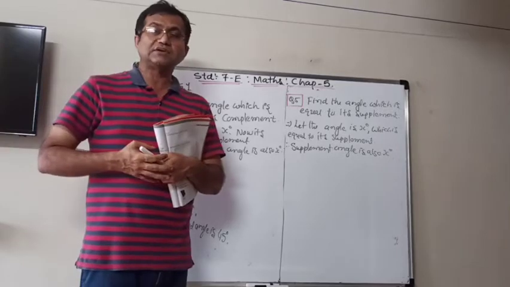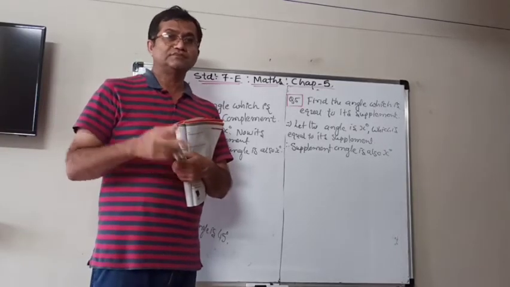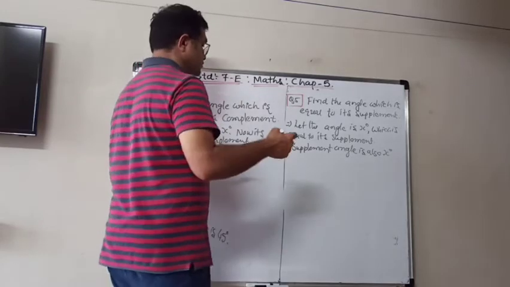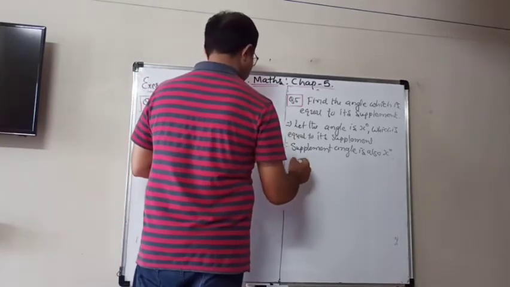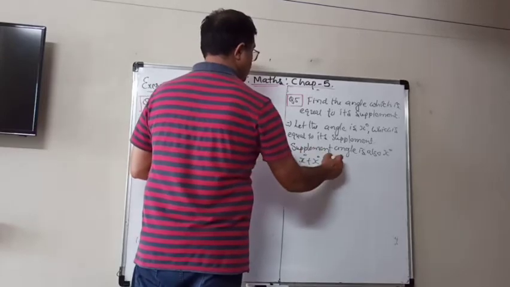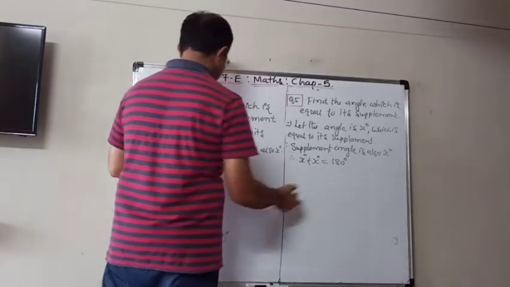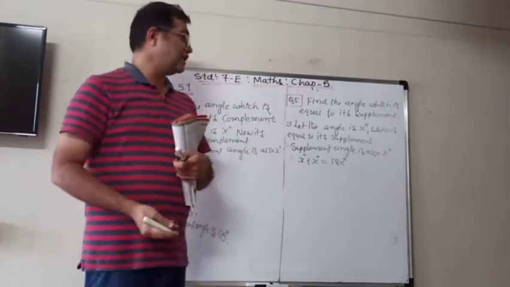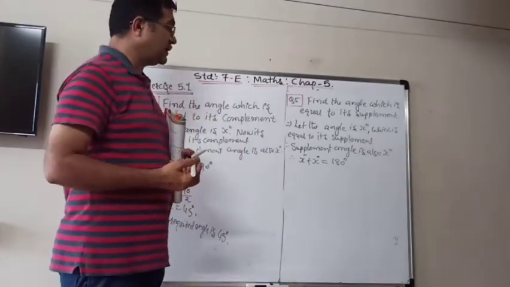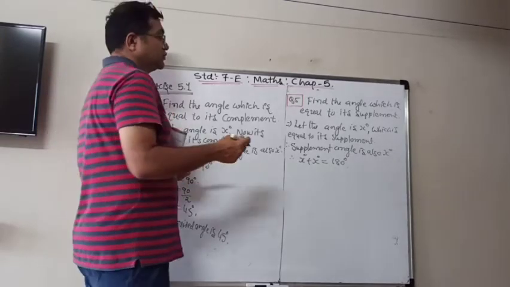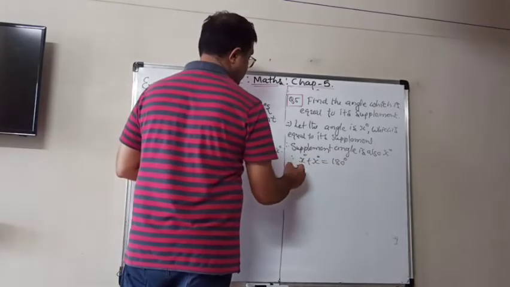Now we know that sum of the supplementary angles is 180 degree. Now therefore x plus x is equal to 180 degree. Here we took 90 degree because they were complementary, but here we have to take 180 degree because they are supplementary. So sum of that is 180 degree.